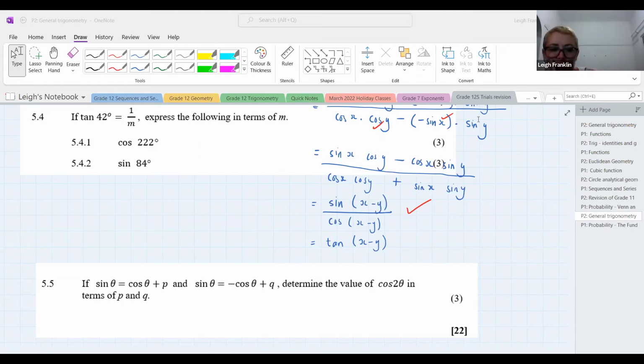Okay, so now look at cos 2 theta on your formula sheet and look at how it can be expanded. There's 3 ways, aren't there?